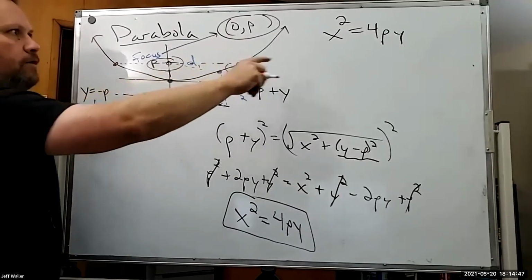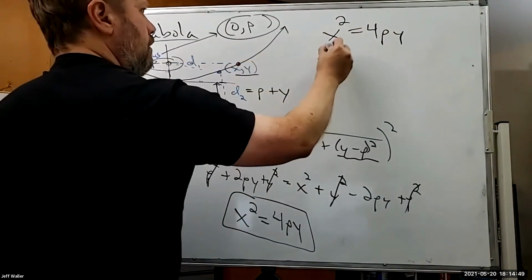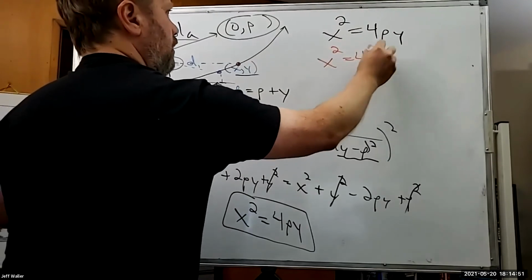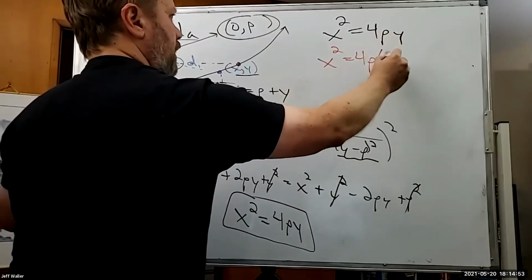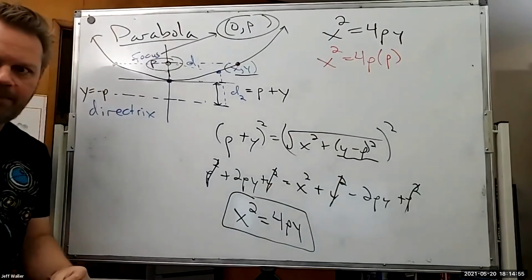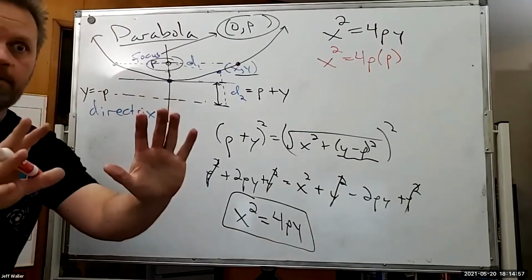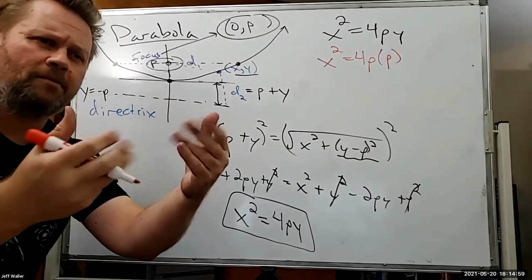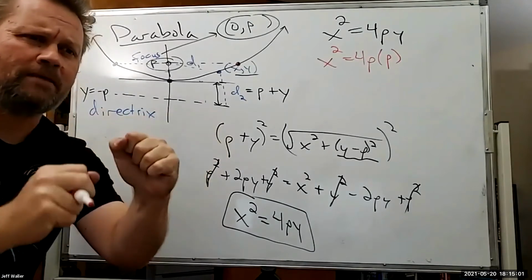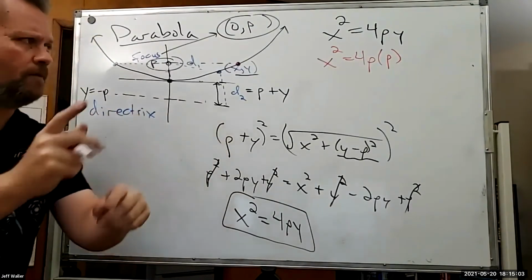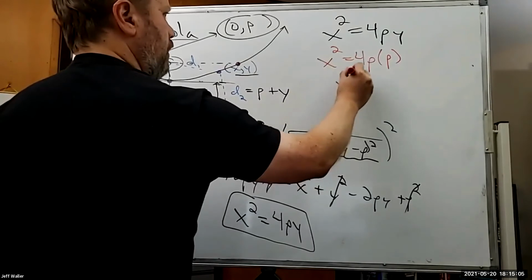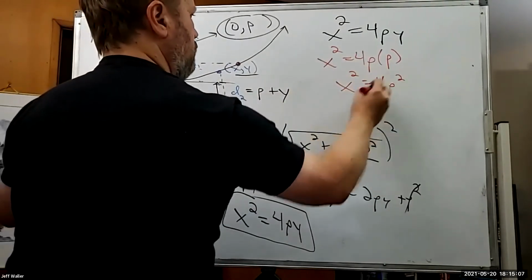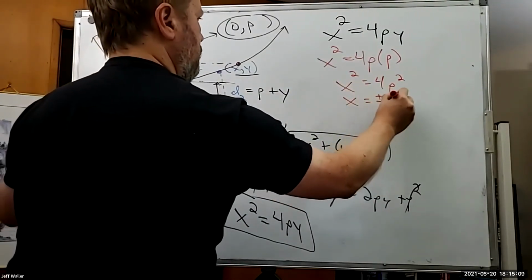So let me plug a P here. So I get x squared equals 4p squared. So I get x equals plus or minus 2p.